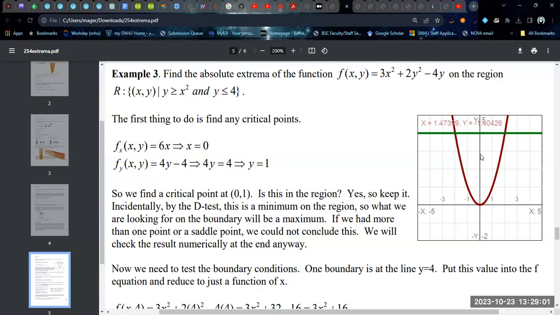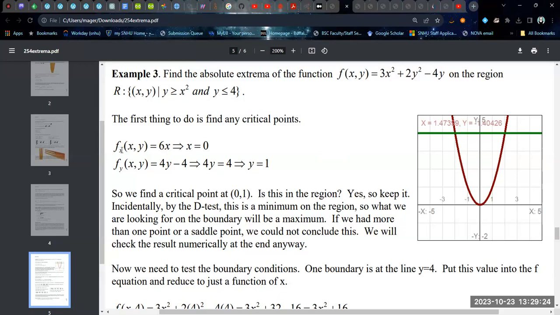Now, the first thing that we're going to do is similar to what we would do if this was a relative extrema. We're going to find any critical points on the whole surface, and then we're going to see if they fall inside our region. As with critical points in the one-dimensional case, if they fall outside our region, we throw them away.